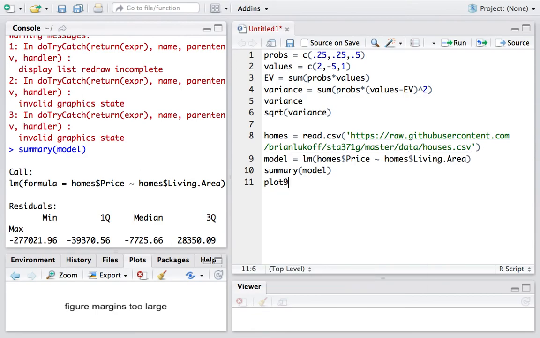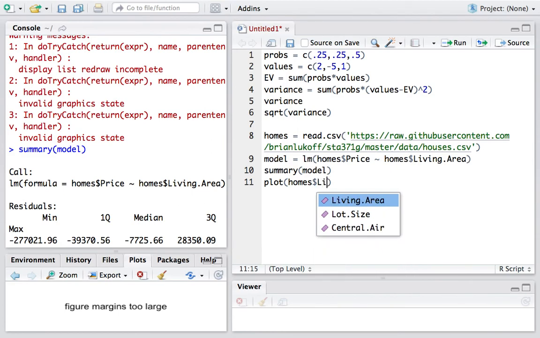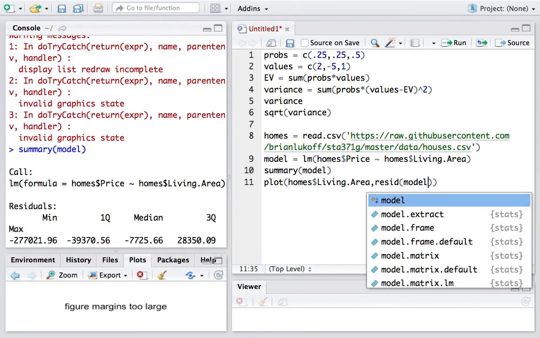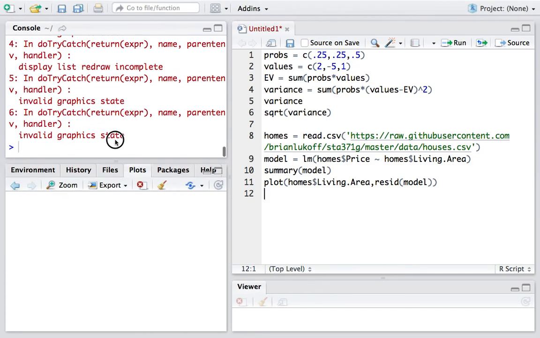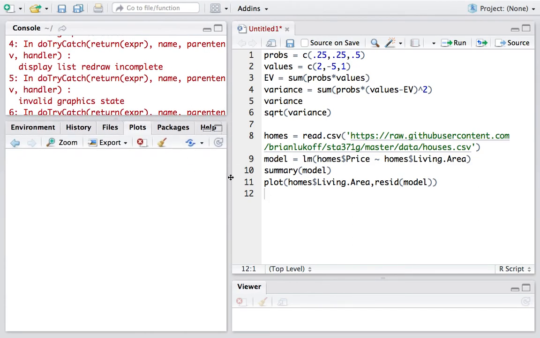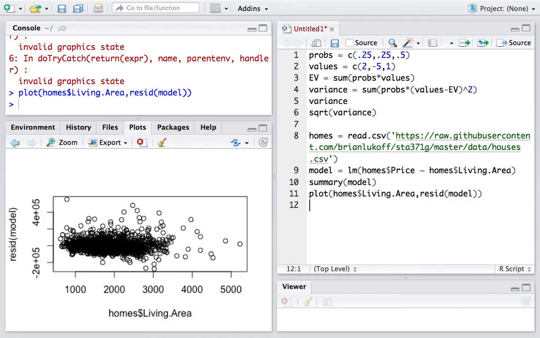The way we've taught it in this course so far is to take x into the x slot, comma, residuals as your y. RStudio's freaking out because I didn't give it enough room to plot this in the plot window, so we'll try that again.